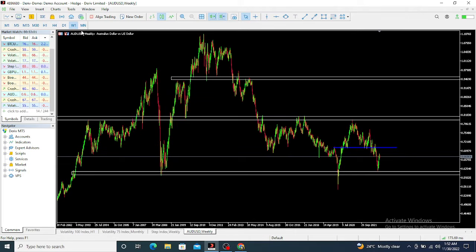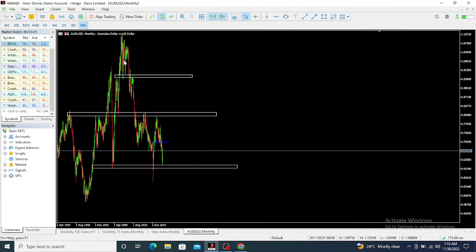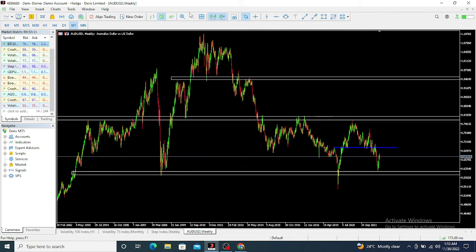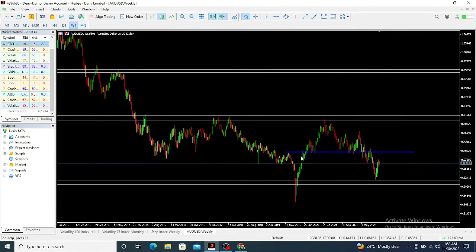So now if we go back to our weekly or daily time frame, we now have a good level. This place that we had drawn from our daily time frame, if you extend it to the left, you see it started from way back here.